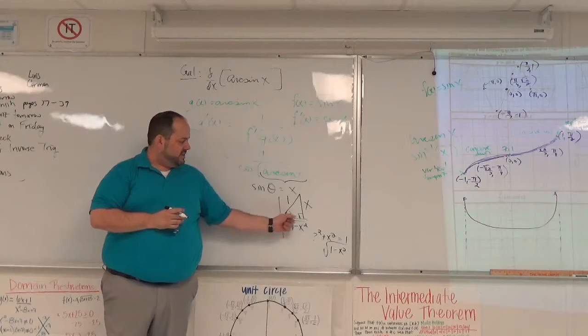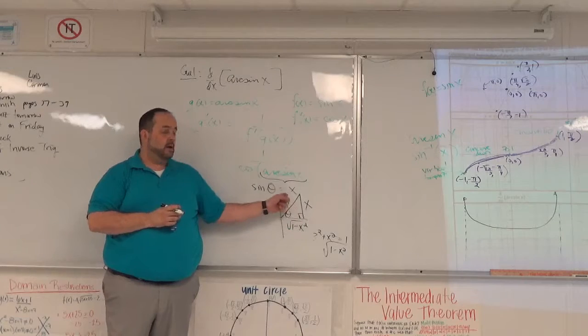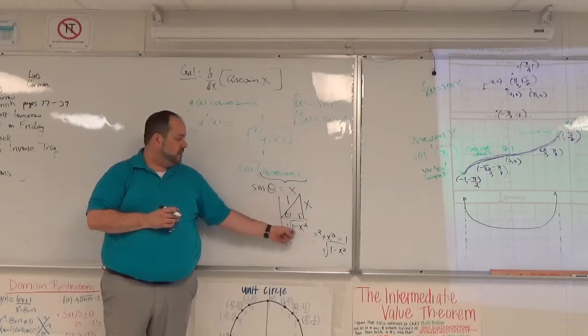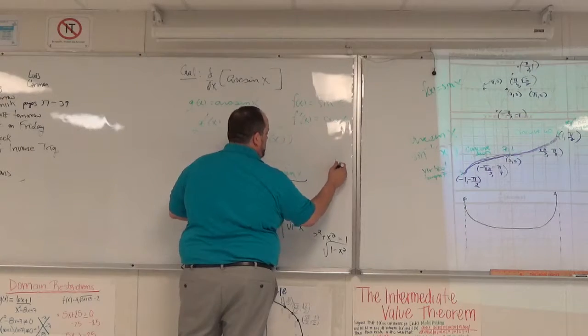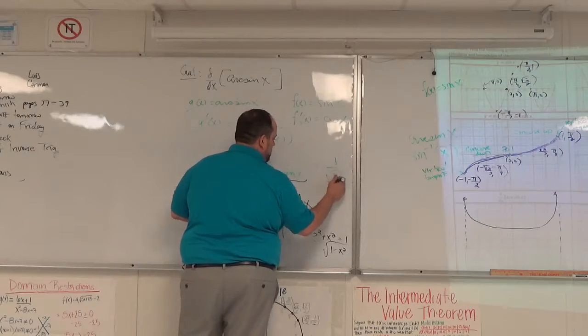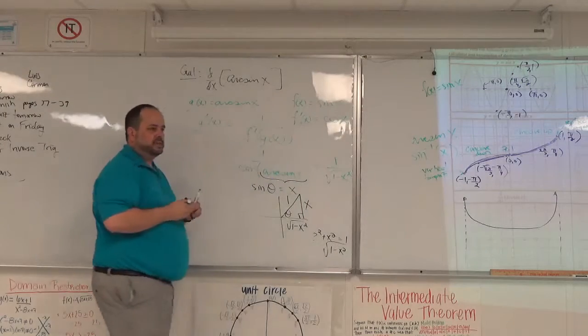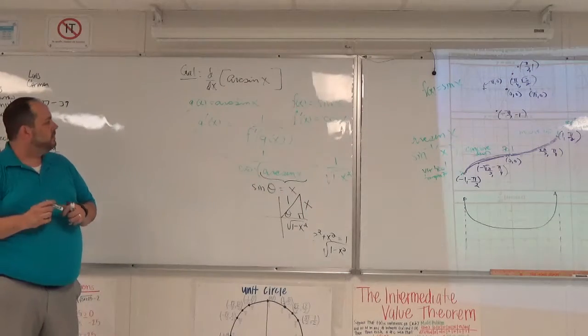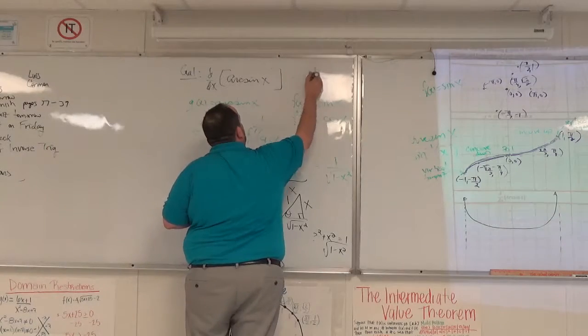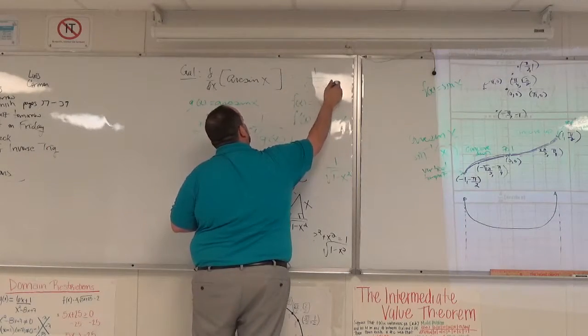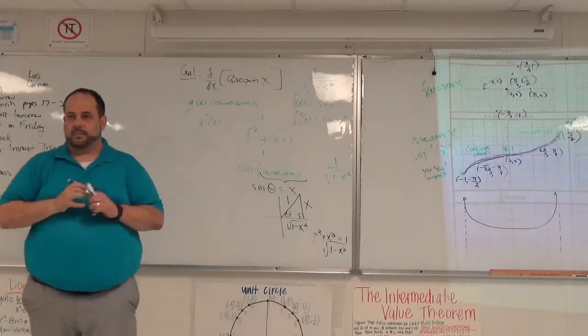The cosine is adjacent over hypotenuse. So that means that my final derivative answer is just going to be 1 over square root of 1 minus x squared. So derivative of arc sine is 1 over square root of 1 minus x squared.